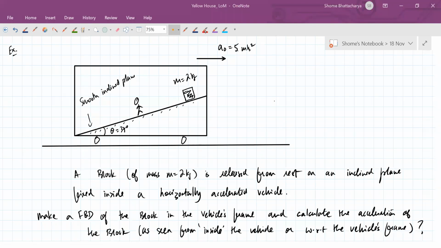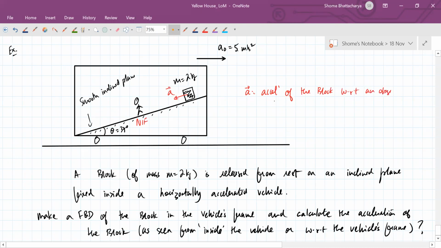So you can see here that this observer who is inside, he himself is becoming the non-inertial frame, and he is seeing the body accelerating down the inclined plane with an acceleration e. So e is the acceleration of the block with respect to an observer inside the vehicle.